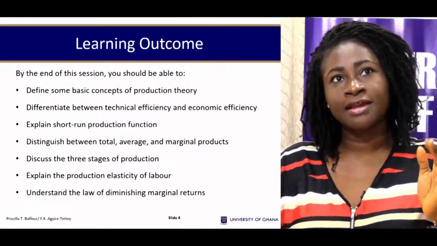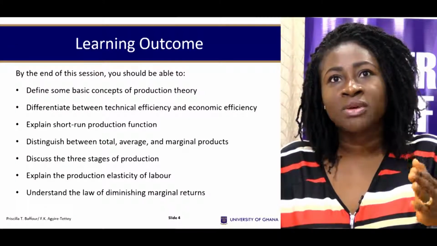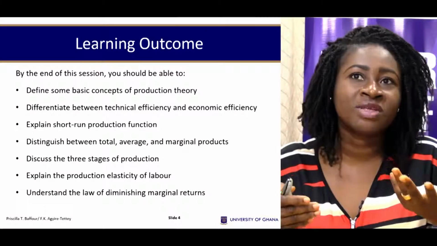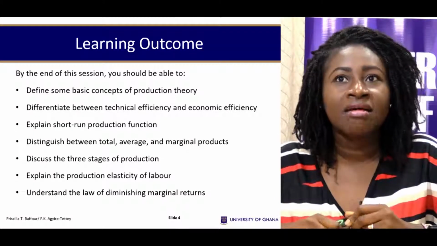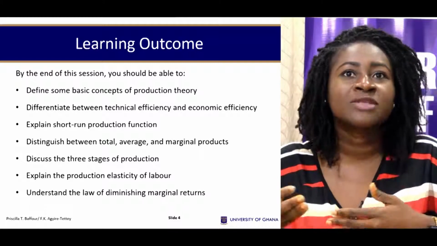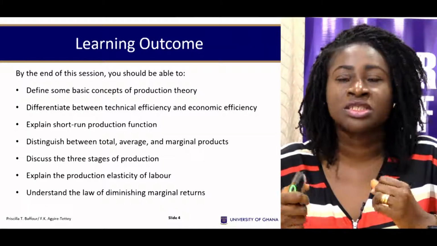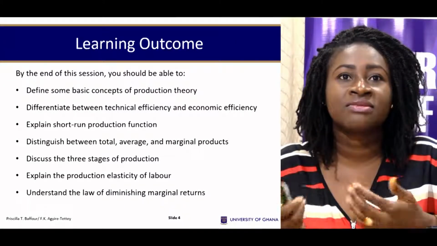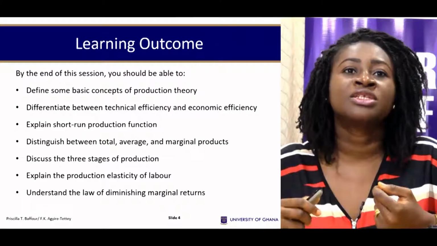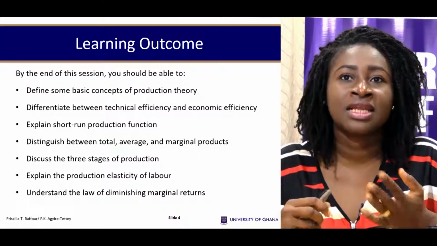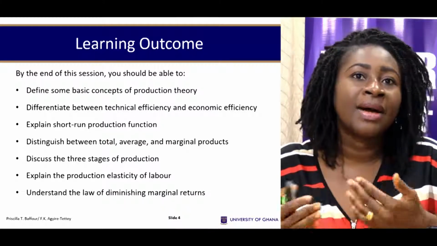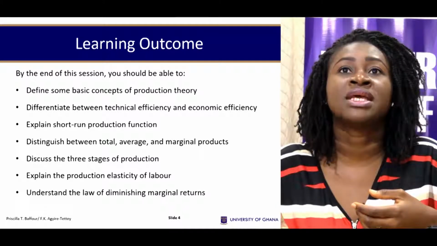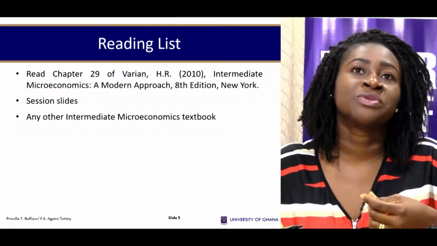In terms of the learning outcome, we'll define basic concepts in production theory, differentiate between technical and economic efficiency, explain short-run production function, distinguish between total and averages, and discuss the three stages of production, in addition to explaining production elasticity of labor, and then we'll understand the law of diminishing marginal returns with respect to production.